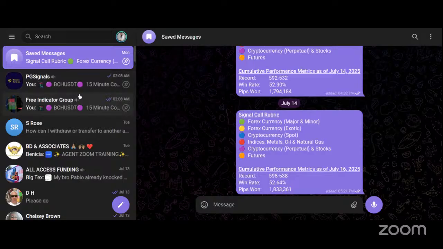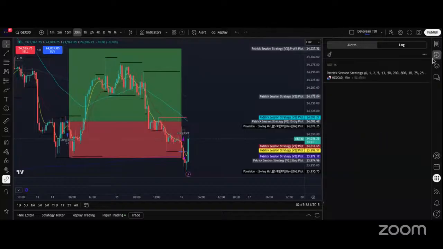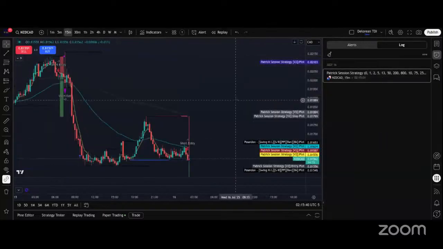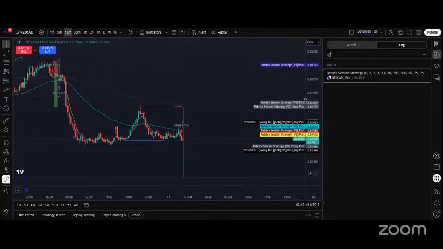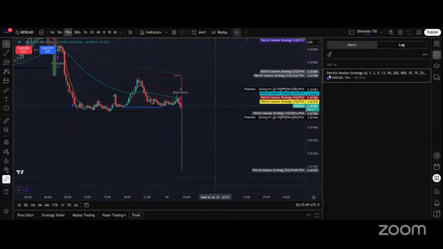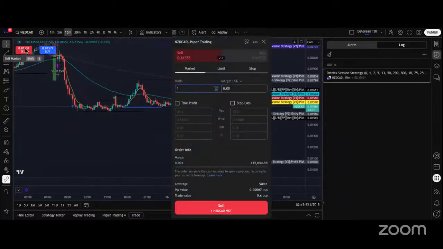So it is 2:15 in the morning. I did see an alert that we hit another trade opportunity. Let's go ahead and take a look at that. We have NZD CAD. We have blue, gray, aqua, which is a downtrend. So we will be taking this sell opportunity to 0.8107.